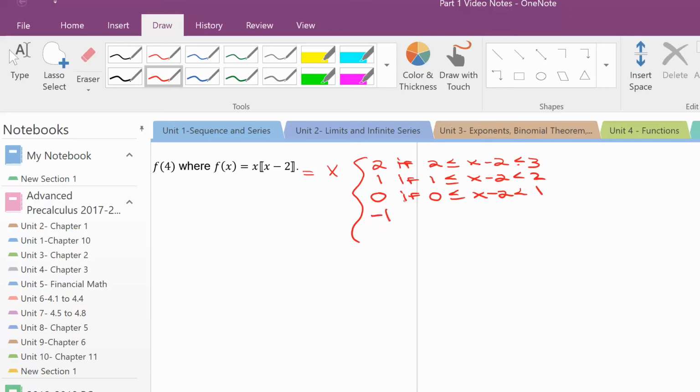It'll be negative 1 if x minus 2 is between negative 1 and 0. It'll be negative 2 if x minus 2 is between negative 2 and negative 1. Sorry.